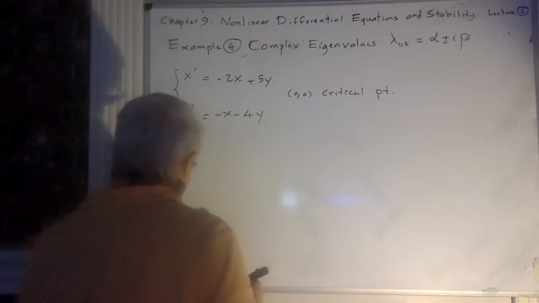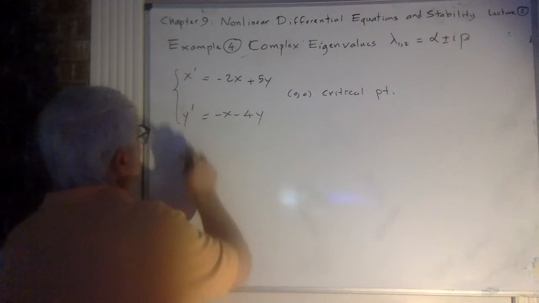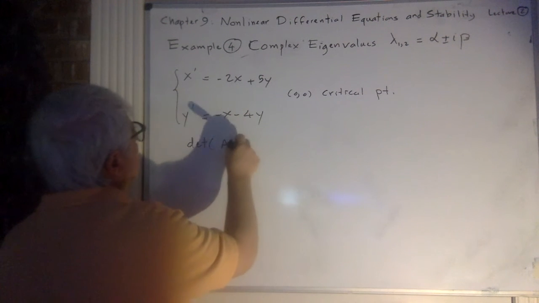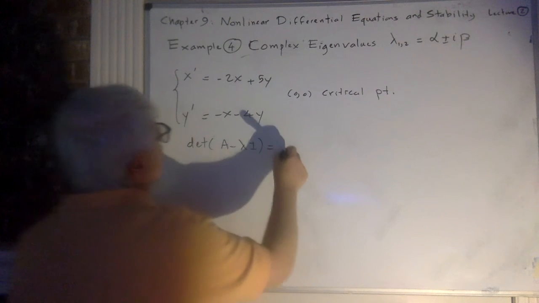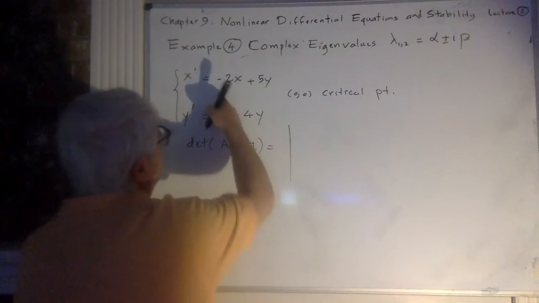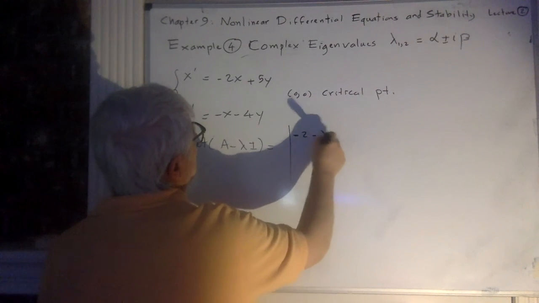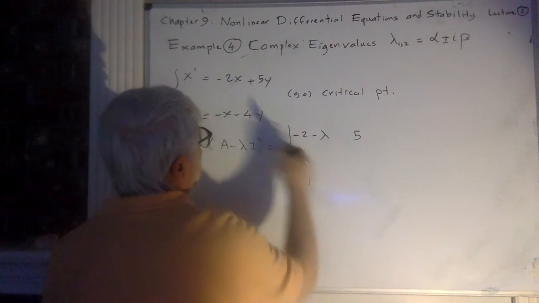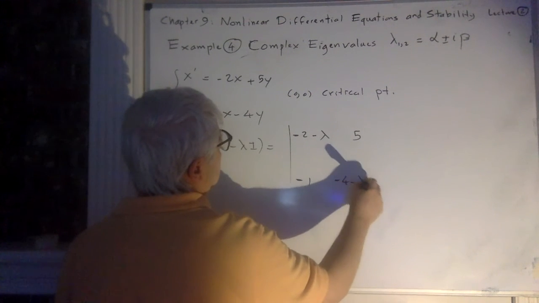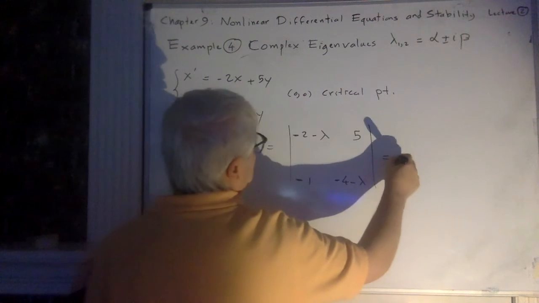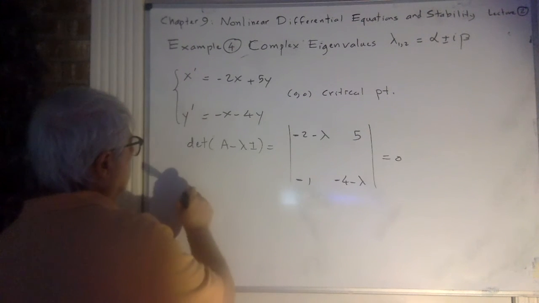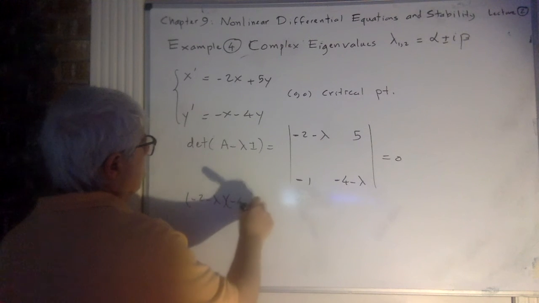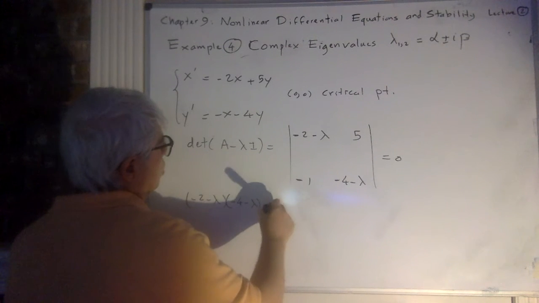And to find eigenvalues and eigenvectors, we take the determinant of A minus lambda I, which is minus 2 minus lambda, 5, minus 1, and minus 4 minus lambda, equal to 0. So that is minus 2 minus lambda times minus 4 minus lambda, plus 5.